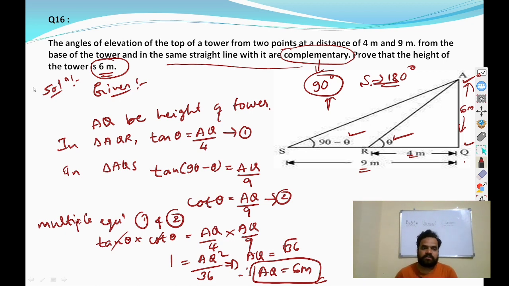Am I clear? So one important note I am going to give here in this class: trigonometry is one of the important chapters in mathematics of any class you deal with after 10th. After 10th, in P1 and P2, trigonometry will be there in both cases.